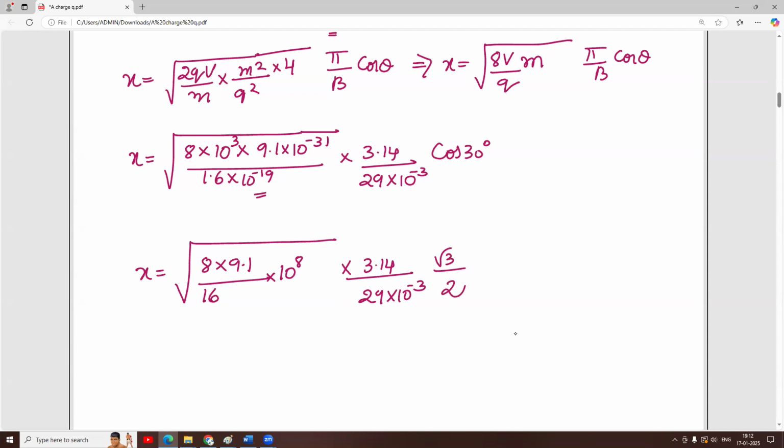So this has to be calculated, and the final answer will be almost equal to 19.3 millimeter. Actually 0.0193 meters you will get. 19.3 millimeter, which can be written as almost equal to 20 millimeter. This is the answer. Thank you.